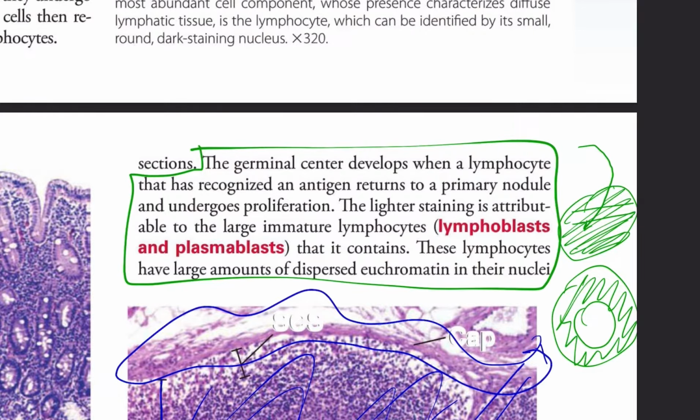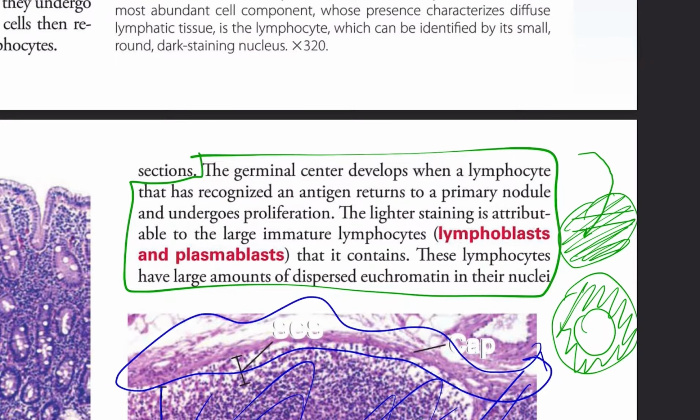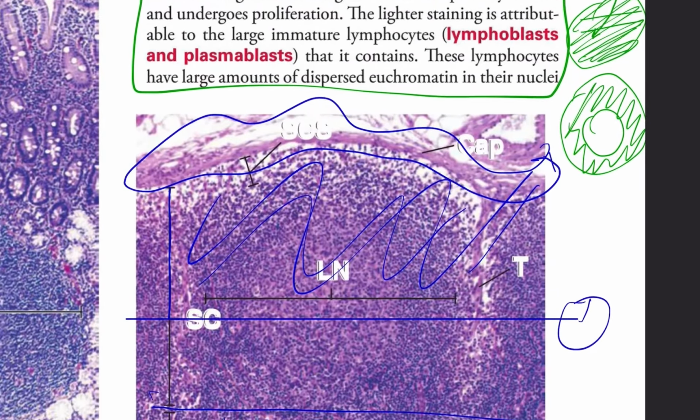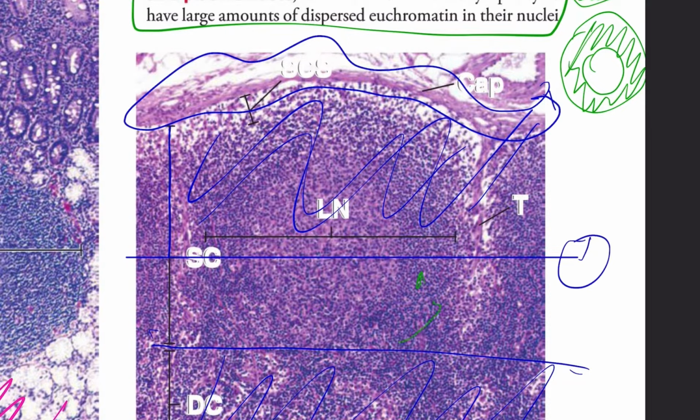So basically, once a cell in the periphery recognizes an antigen, it comes to this area. For example, they're all darkly stained, and then once it starts to proliferate, it migrates to the central region.